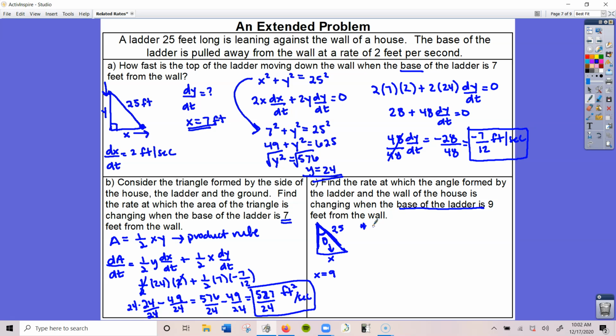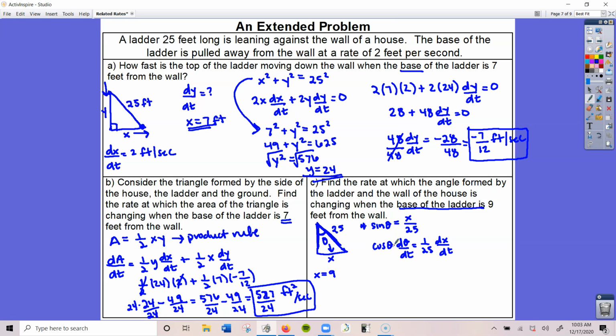So we're going to create an equation that uses sine of theta, which is equal to the opposite over the hypotenuse. And now we're going to differentiate. So the derivative of sine of theta is cosine theta times d theta/dt, which is going to equal 1 over 25 dx/dt. Now the cosine of theta, we don't know the angle, right? And we don't need to know the angle.